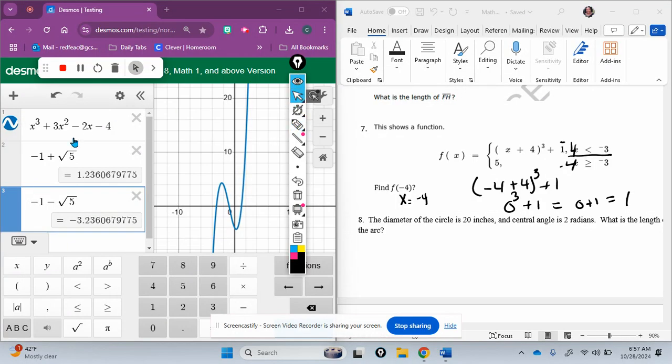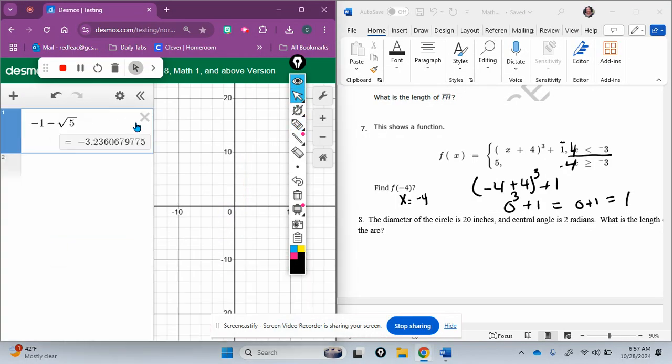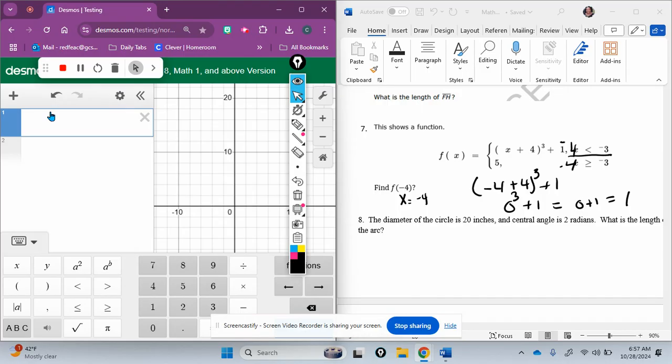Or for those that don't want to do the math and want to do it in decimals, you can do f of x equals x plus 4 cubed plus 1.